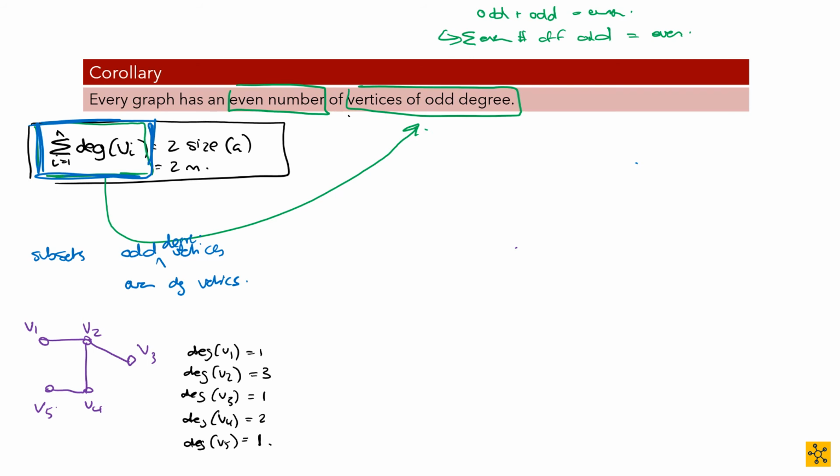But we can relabel it so that all the odd degree vertices are numbered first. So we could rename this as still V1, we still keep V2, we still keep V3, but we don't use V4 because we want all the odd degree vertices labeled first. So we rename this one V4, and then we make this one V5.